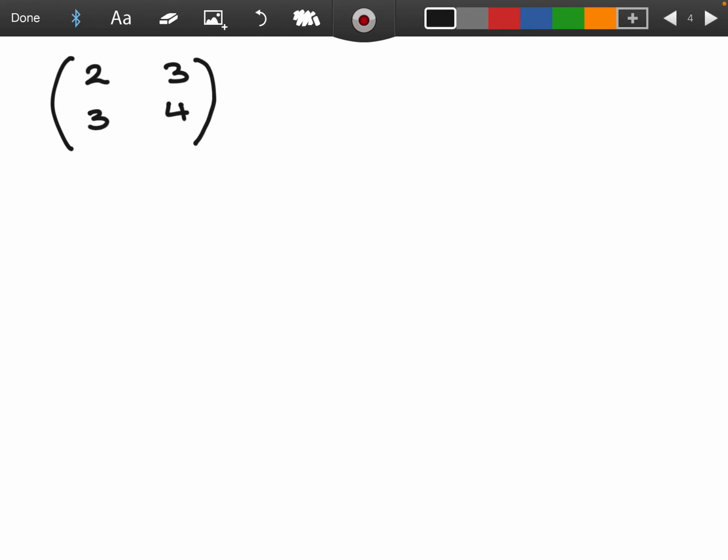Then if you've done some matrix work before, you'll know that the way you multiply matrices, and we will go through this later for those of you that haven't seen it, is you multiply across and down. So if I multiply across and down here, I'm going to get 2x1 plus 3x2.